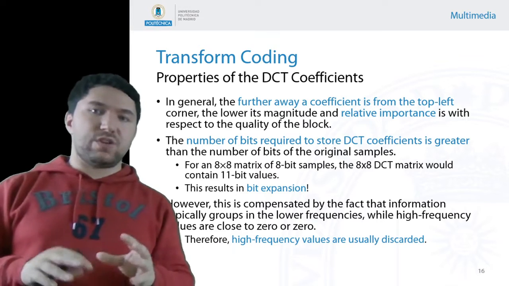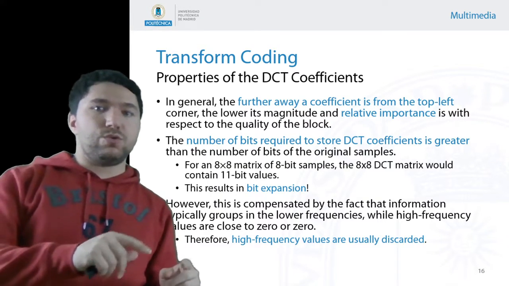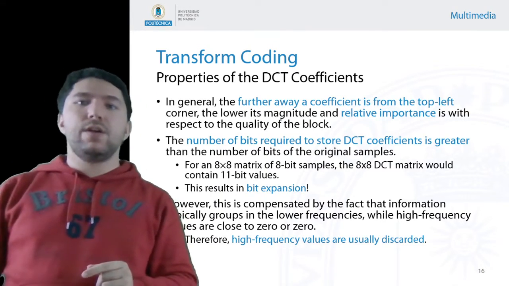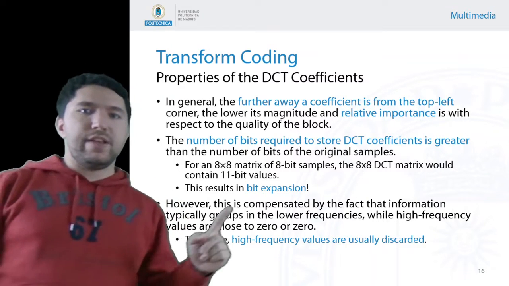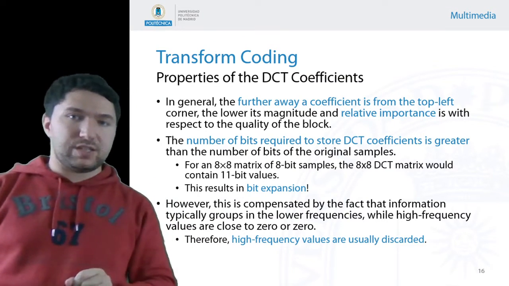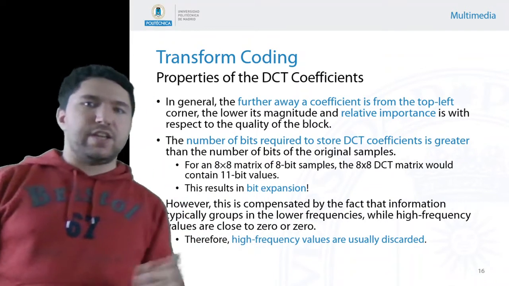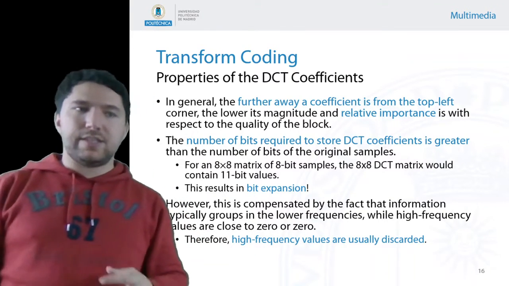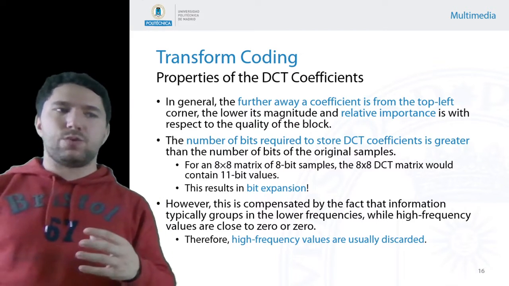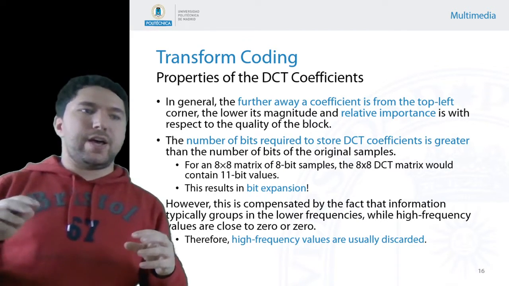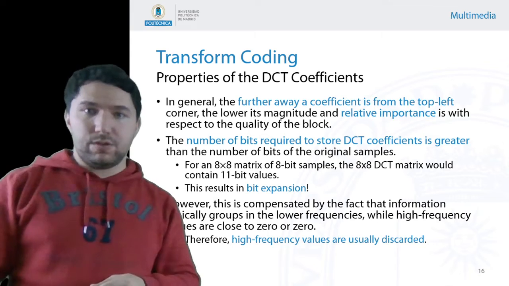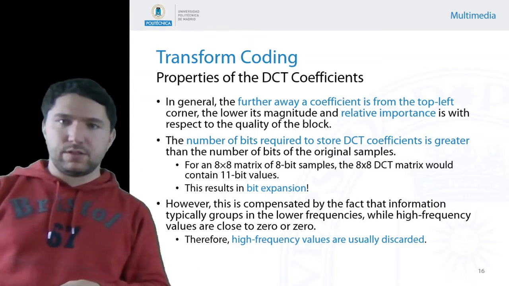If we transform pixels from 0 to 255 using 8 bits, we will need 11 bits to represent these values. This results in a bit expansion, but it is compensated by the fact that we can have many zero values in the transform coefficients.